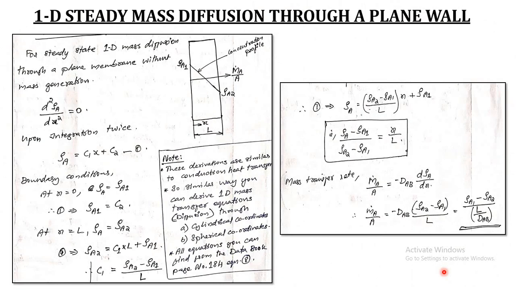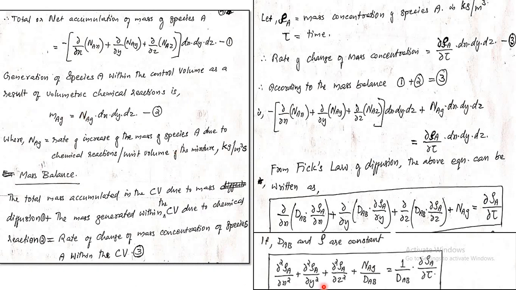Now, if we reduce this general mass diffusion equation in Cartesian coordinates to a one-dimensional steady state case, the general mass diffusion equation reduces to d²ρA/dx². That means there is only one dimension, one direction, that is the x direction.